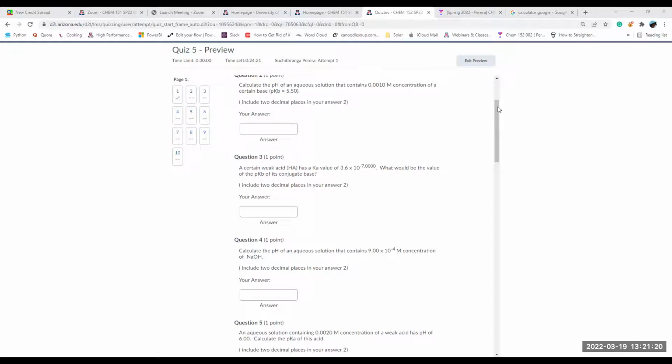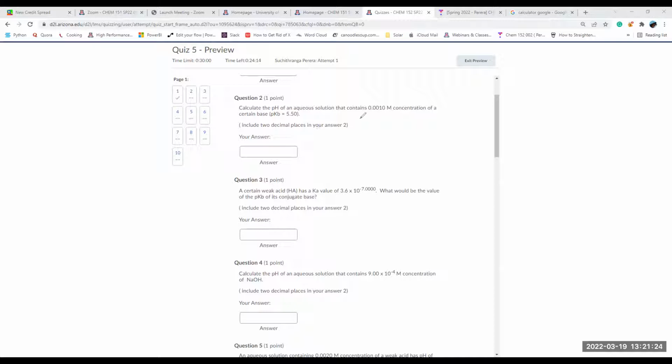the OH minus concentration, right? So the OH minus concentration is equal to C naught, which is this right over here. This is my C naught.